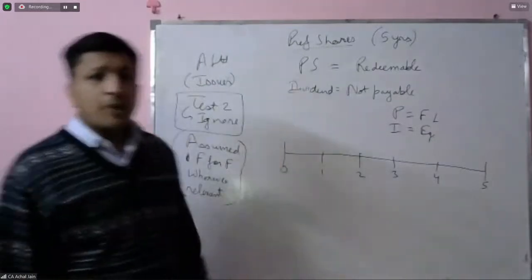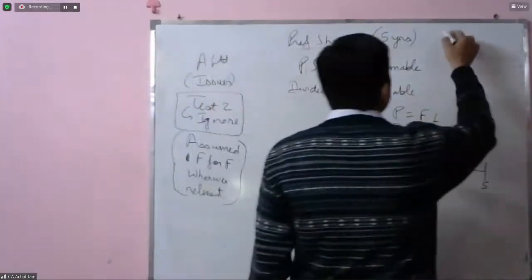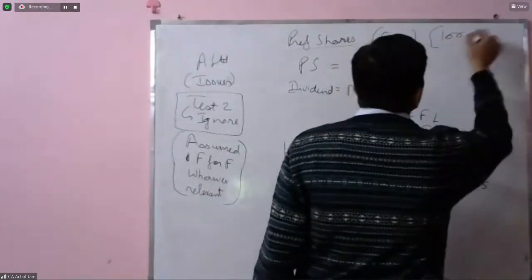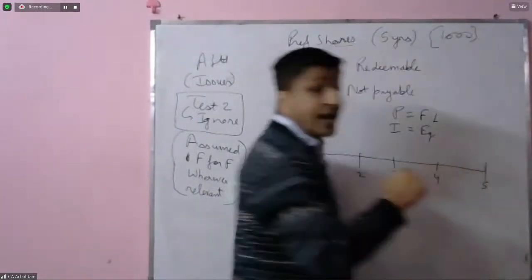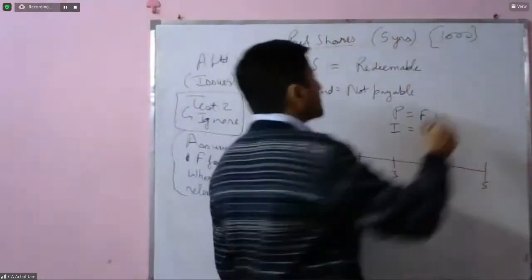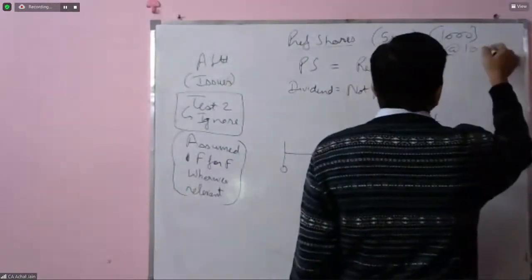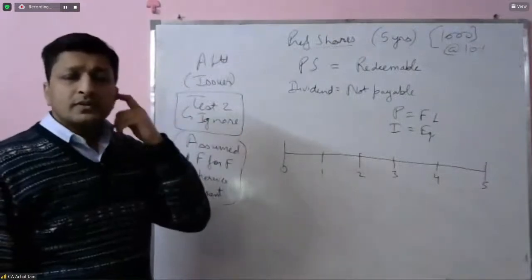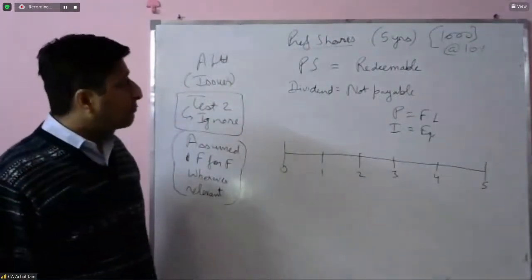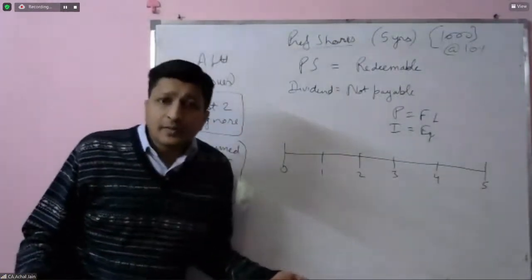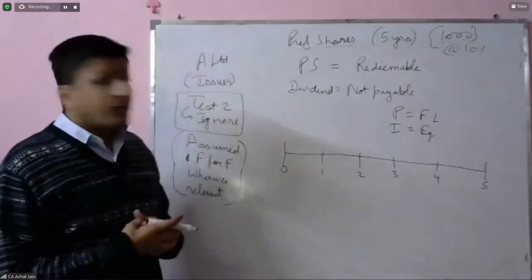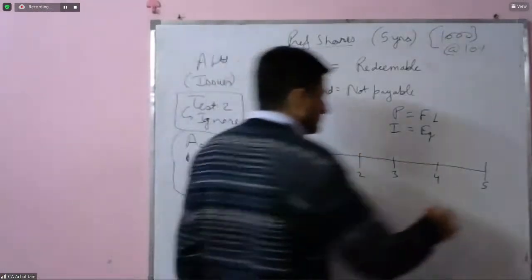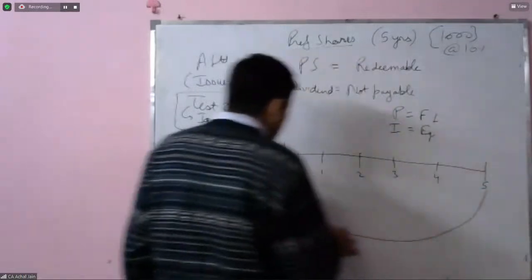Let's suppose the amount of the preference shares is rupees 1000. And what is the dividend rate? Let's suppose that is 10%. And let's assume that is also at market rate. But in this case, because it's not repayable, we will have to discount it.